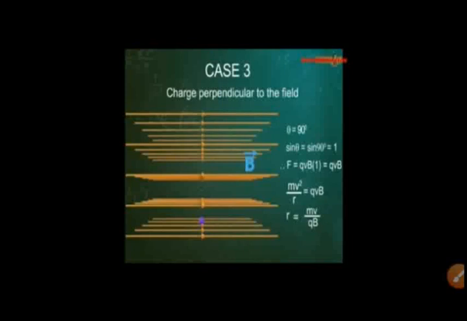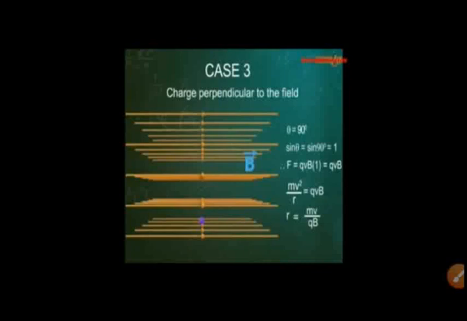When theta is equal to 90 degree, sin theta is equal to sin 90 equal to 1. Therefore, magnitude of the magnetic force will be equal to qvB sin theta, that is qvB. Therefore, here the magnetic force is not 0, but the magnetic force is qvB.